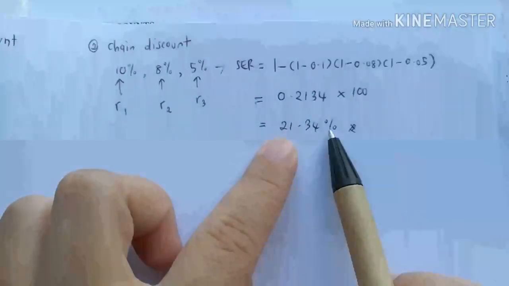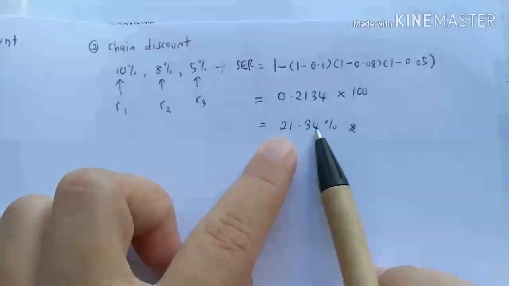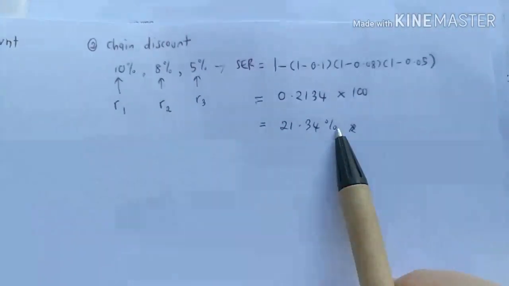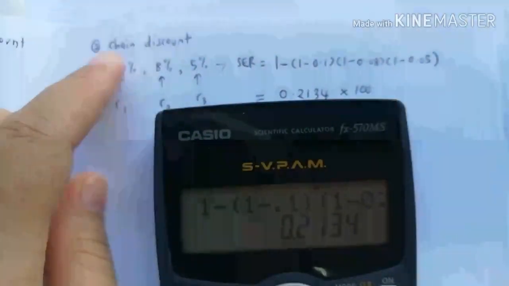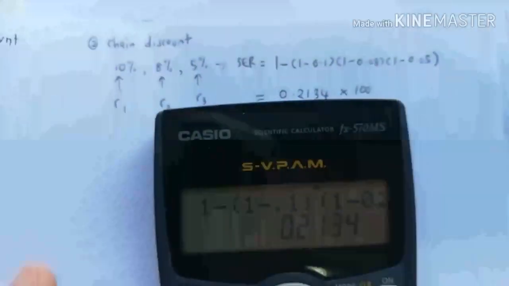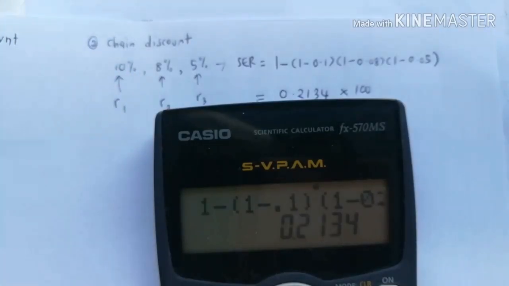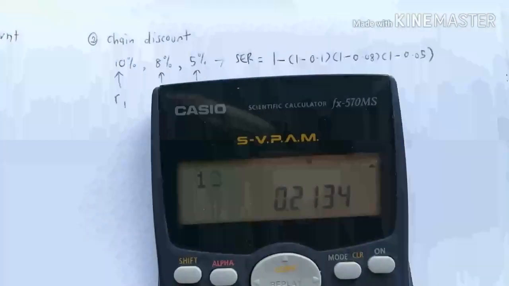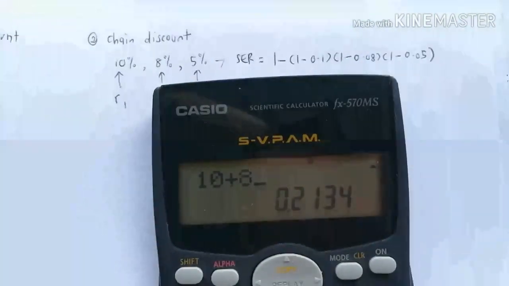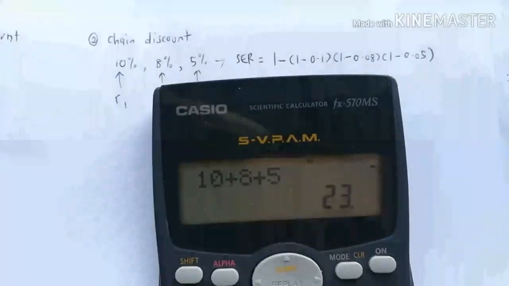21.34% single discount. And remember, you cannot simply add 10%, 8%, and 5%, because if we add these 3 figures, 10 + 8 + 5, you get 23.